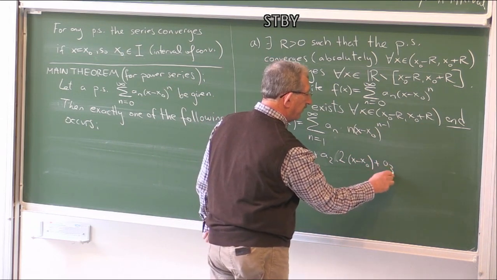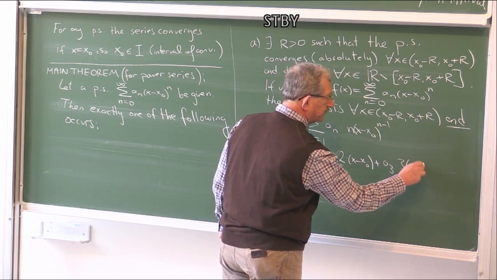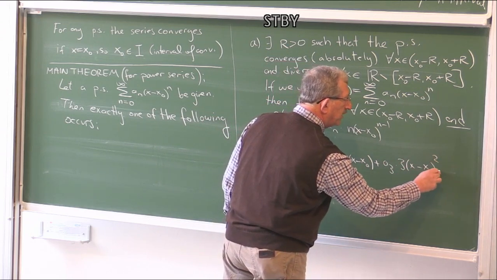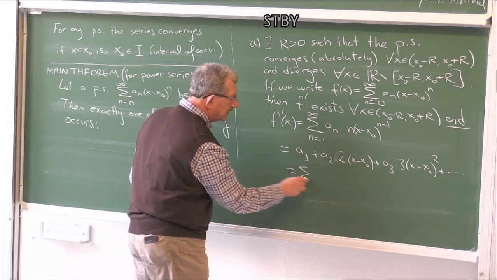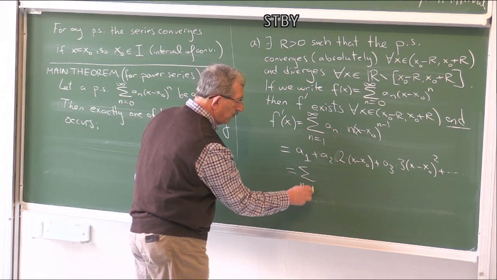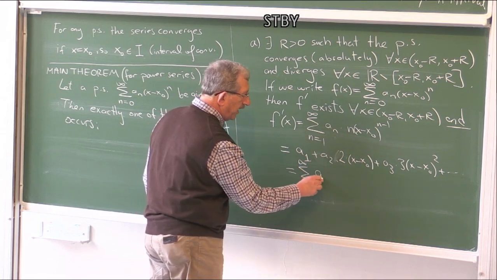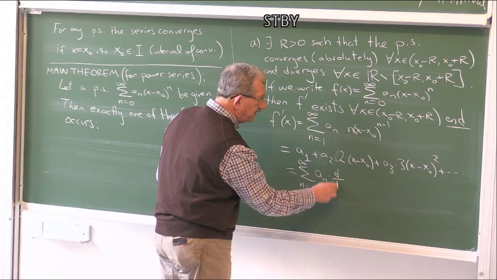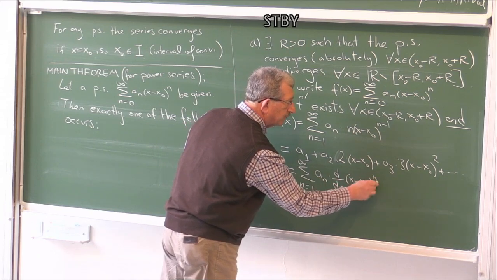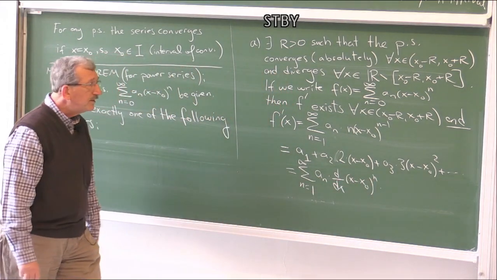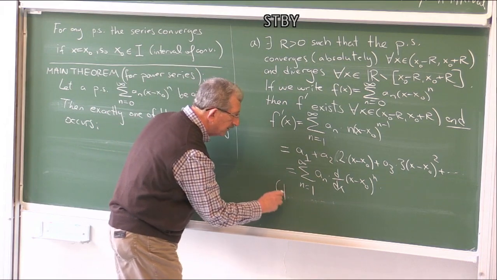You have a3, 3 times x minus x0 squared, etc., which is the sum from 1 to infinity of an times the derivative of x minus x0 to the n. This is termwise differentiation.